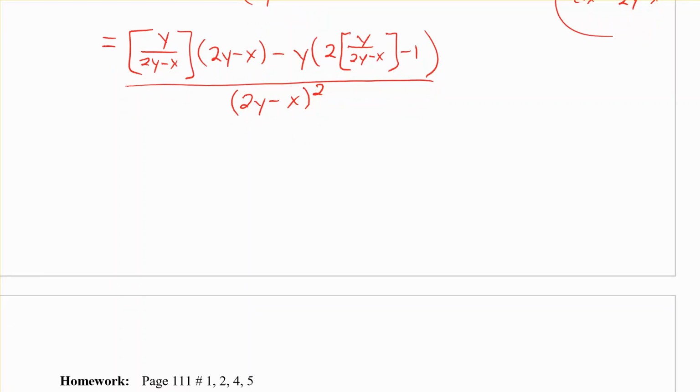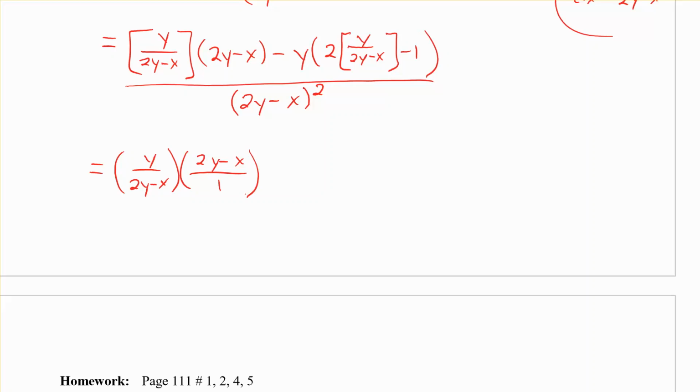I'm going to simplify this a little bit more, and I'm going to write it in a bit of a unique way just so you can see what I'm going to do next and why it'll make sense. What I don't like right now is this negative 1 sitting out the end, so let's distribute y into that. So let's rewrite this as y over 2y minus x times 2y minus x over 1.